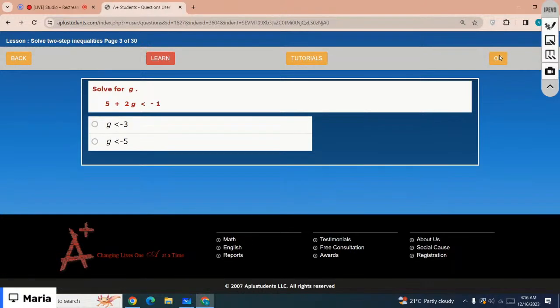Okay, do not guess the answers. Please use your notebook. The next one is 5 plus 2g is less than negative 1. So, which is the solution of the inequality? Solve on your notebook and write the answer in the chat box.